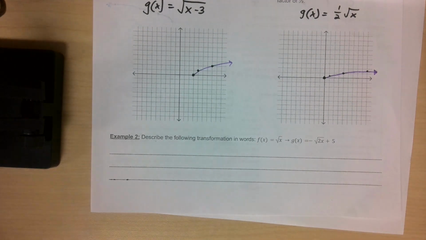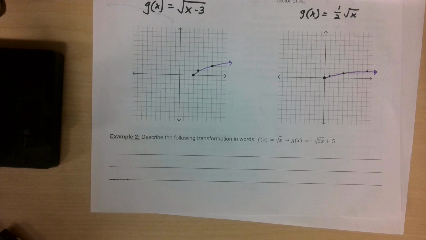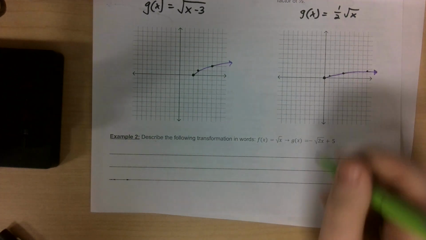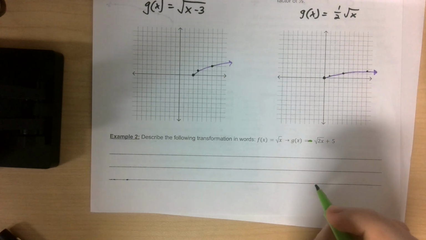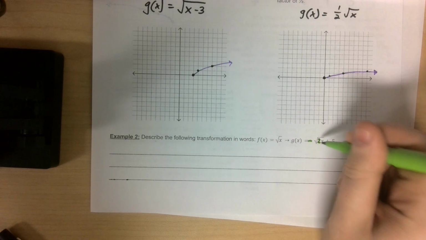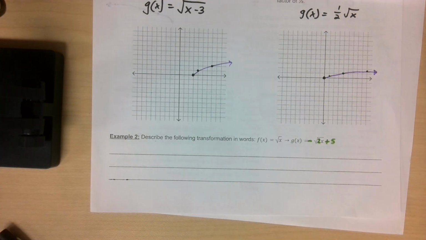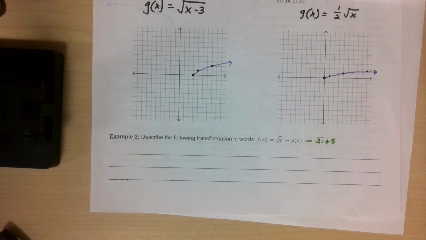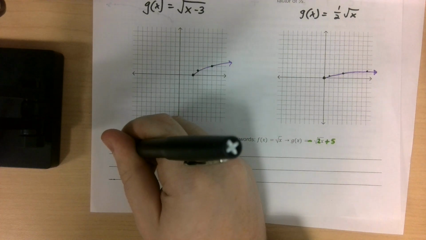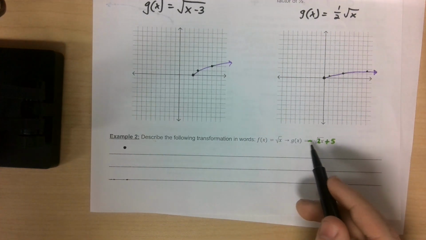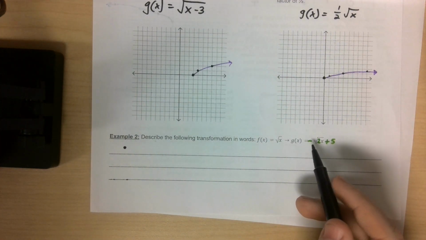Example 2 has us describe this transformation using words. So let's identify what's different about it. We've got this negative in the front. We've got this 2 next to our x. And we've got this plus 5 on the outside. So if we were reading this out in order, we could say that we started off by getting this negative in here, right?